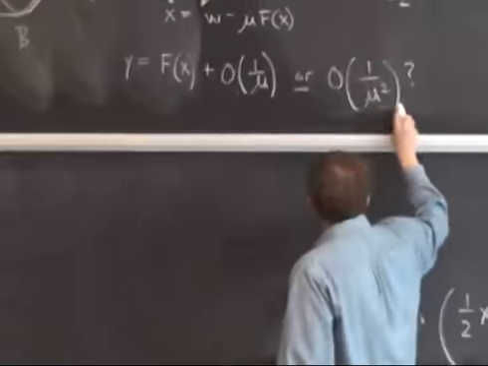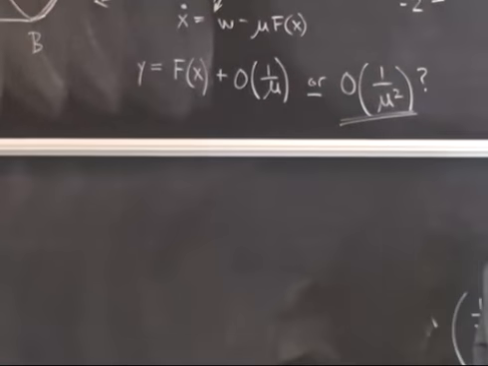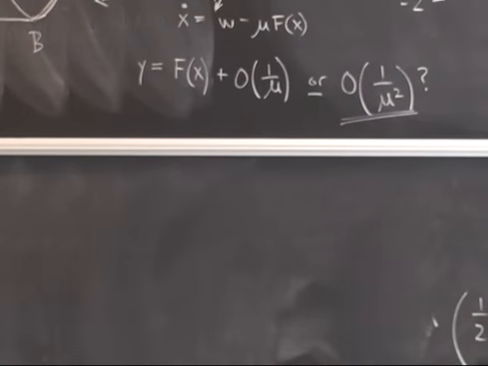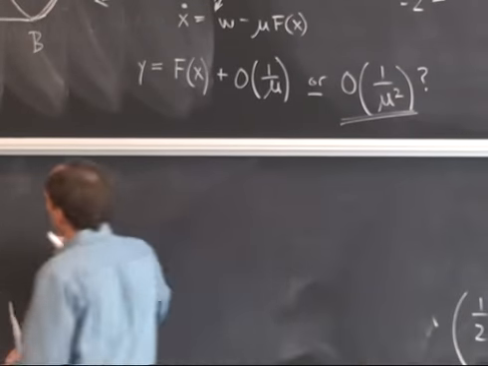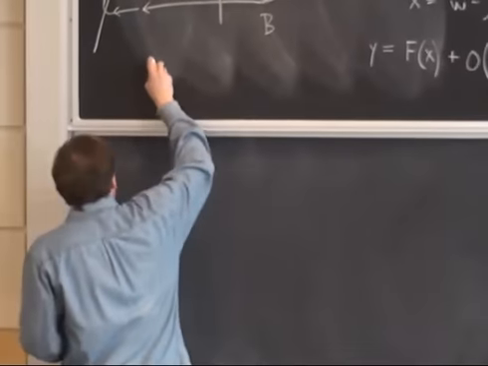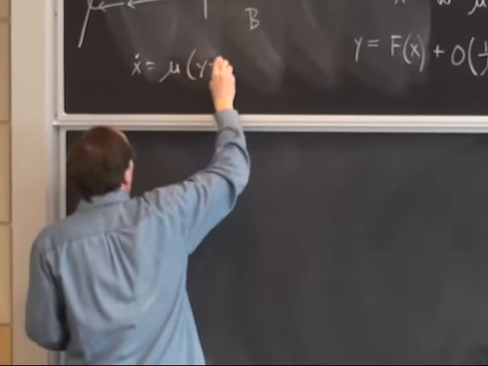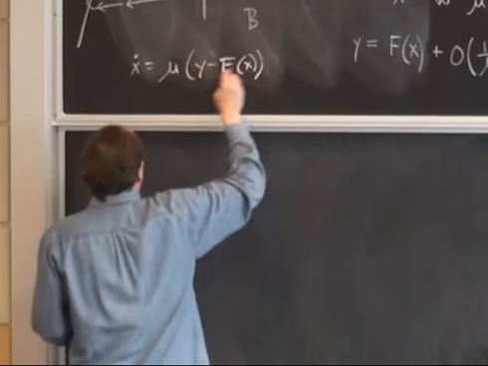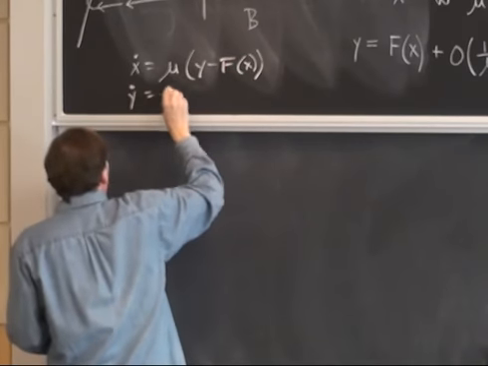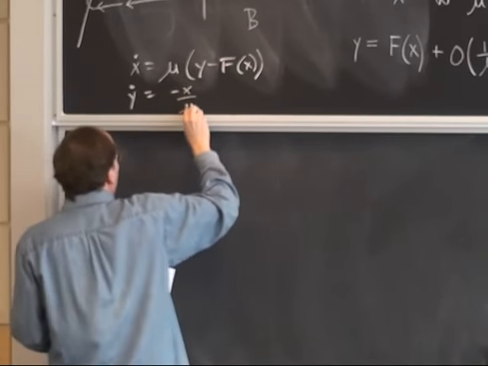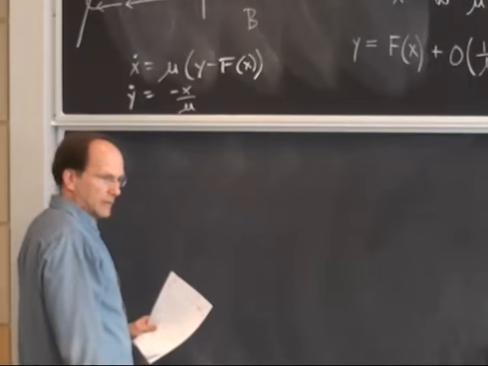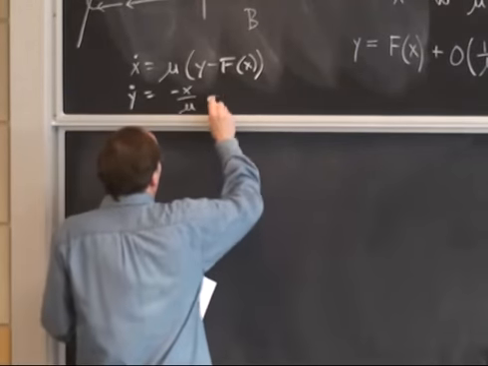I think we can decisively say that this is the answer for the deviation, can't we? Because in our governing equations, we had x dot was mu times y minus f of x, and y dot was something like negative x over mu. Is that right? That's right, right? So this is of order 1 over mu.